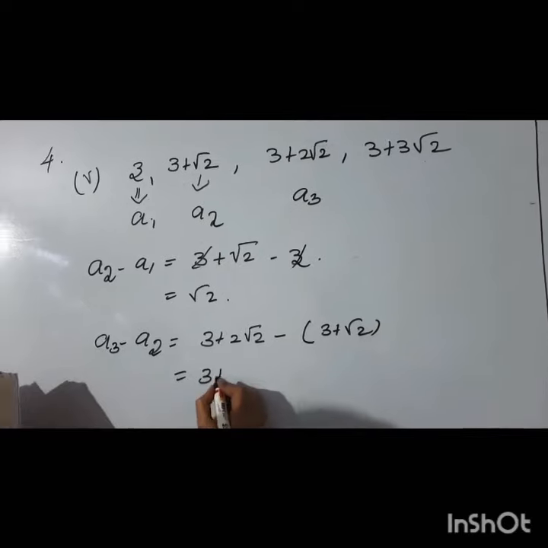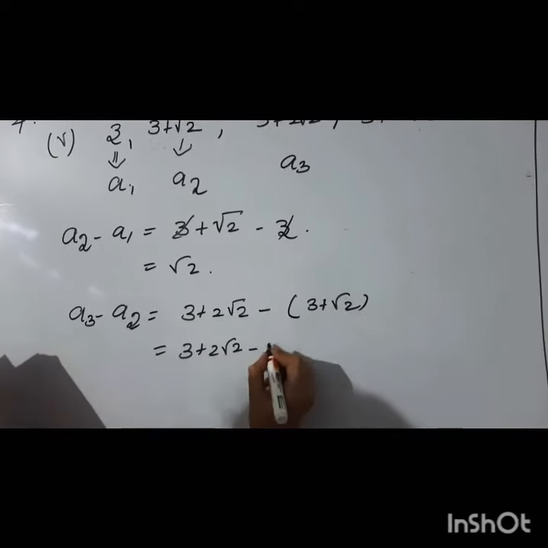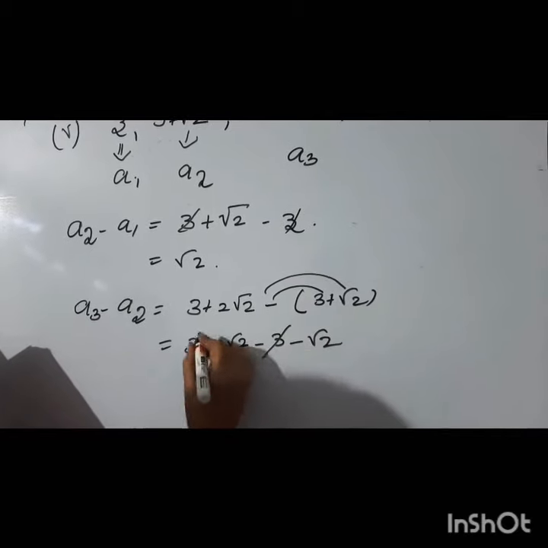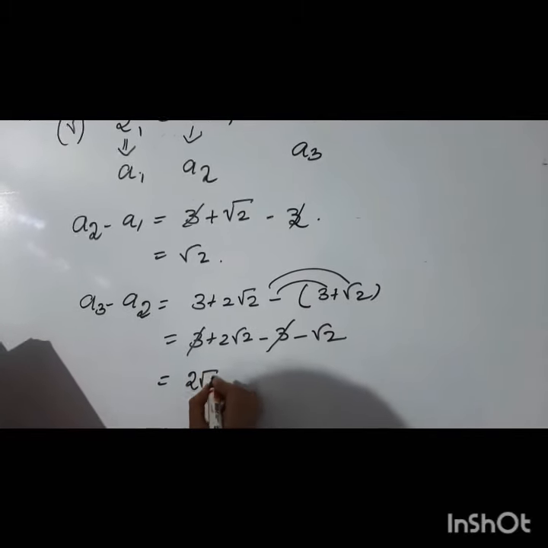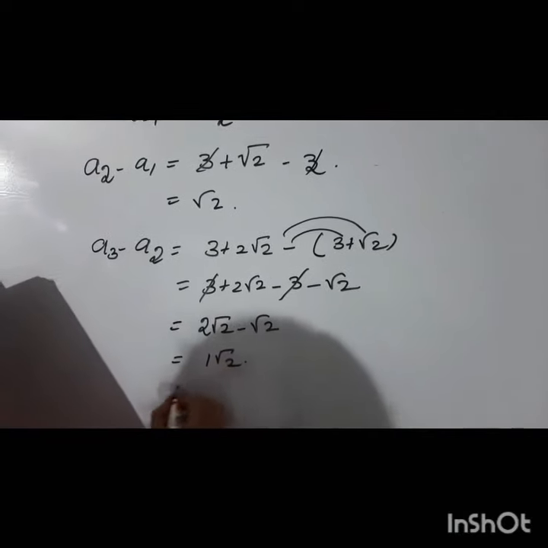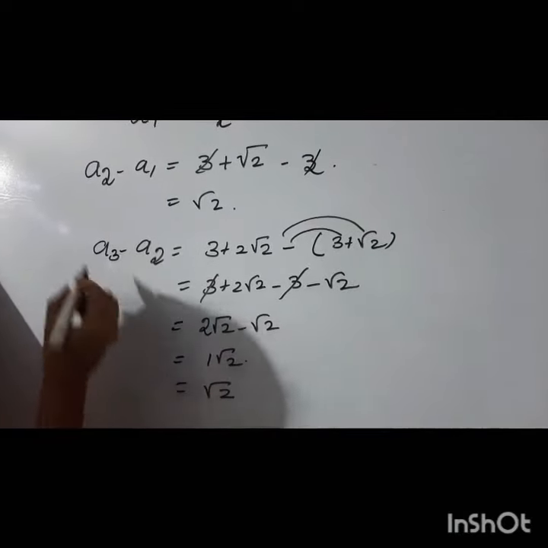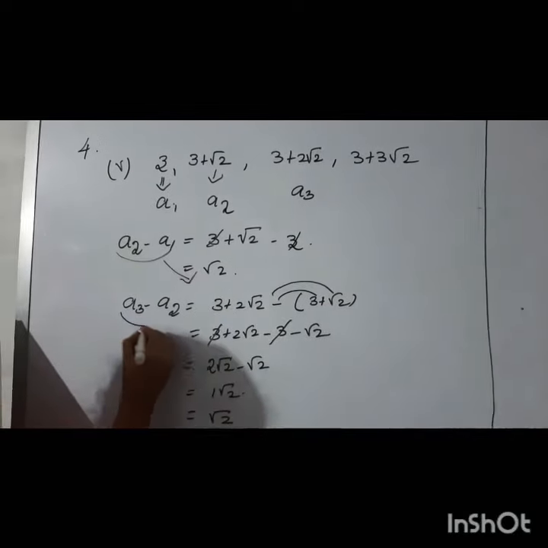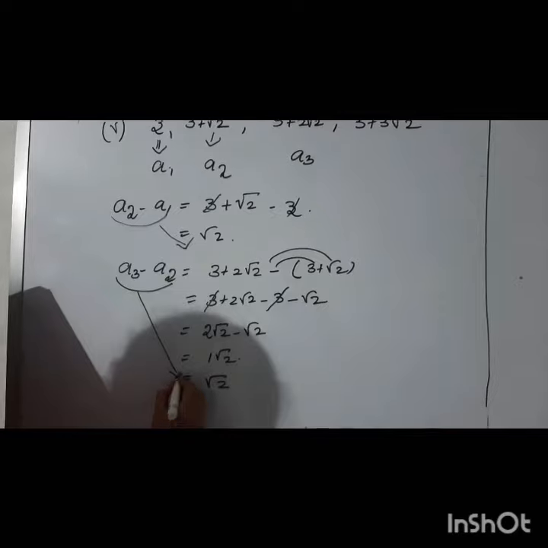Solve this: 3 plus 2 root 2 minus 3 minus root 2. What will you get? 2 root 2 minus root 2 gives you 1 root 2, which is nothing other than root 2. When you subtract A1 from A2 you got root 2, and when you subtract A2 from A3 you also got root 2.